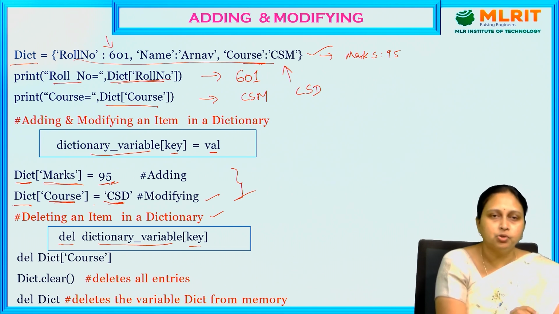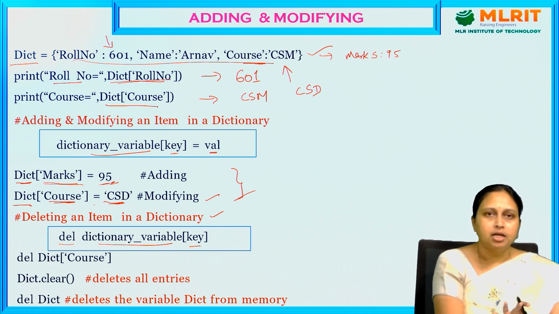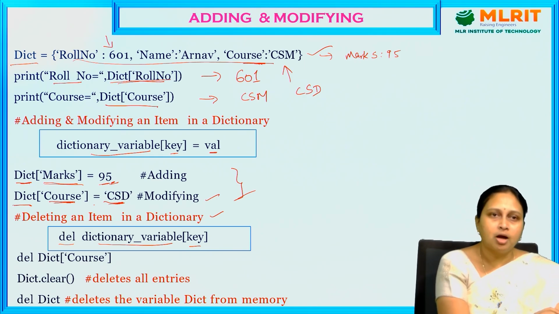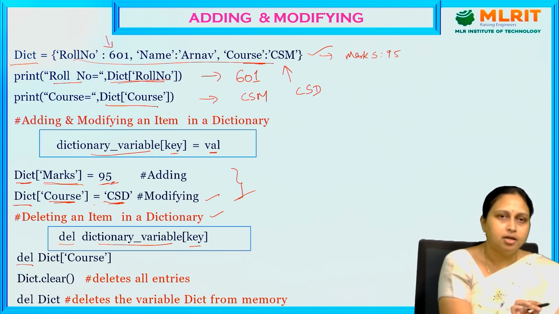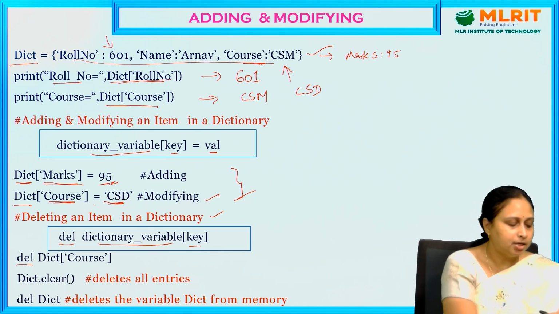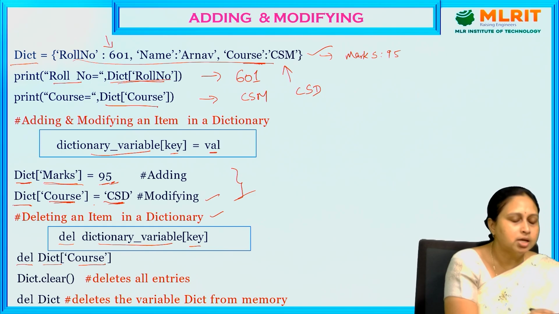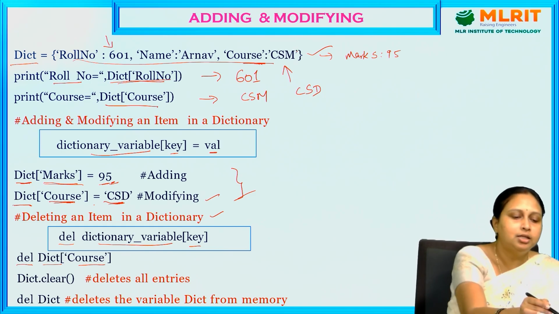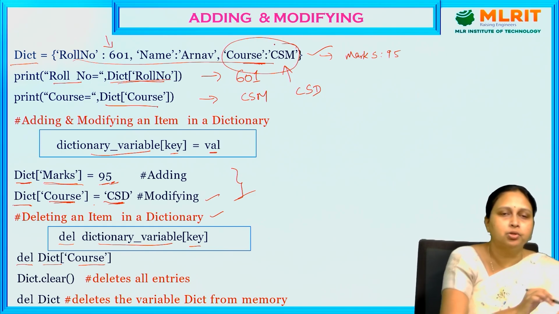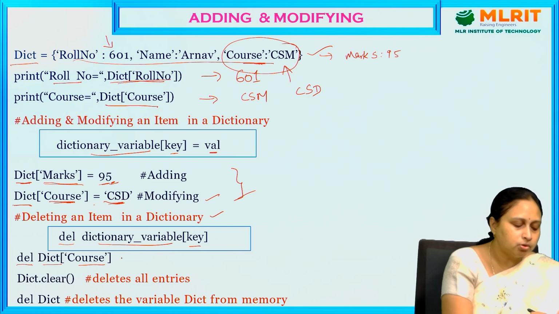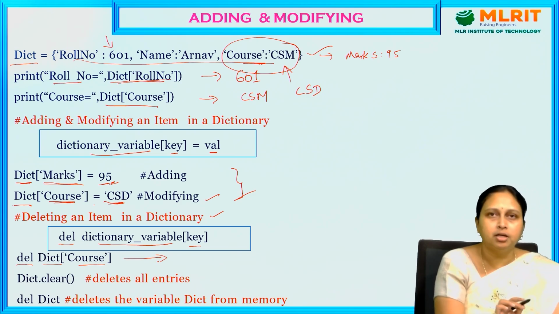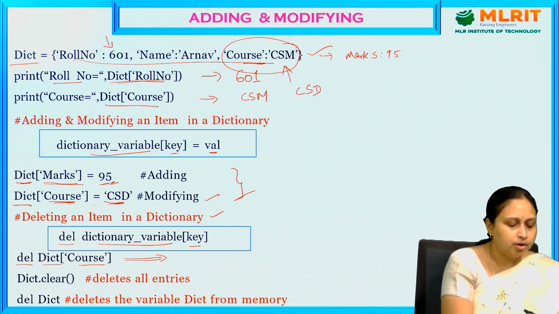By using this, you can delete that particular key value, right? Here you can observe del is a keyword, and then the key you want to delete. That is DICT course I want to delete. I want to delete this particular course from the dictionary, so I specify that key, so that it can delete that particular key from the dictionary, right? This is how we give it.